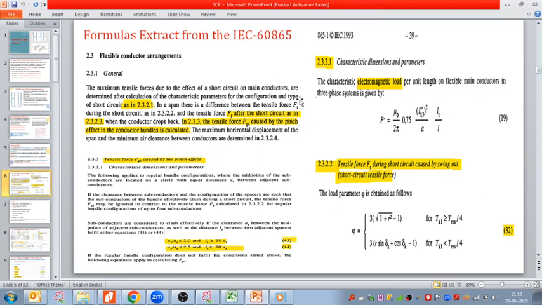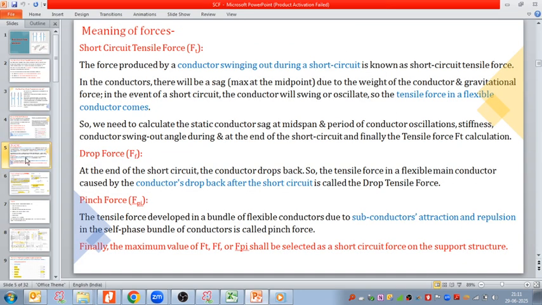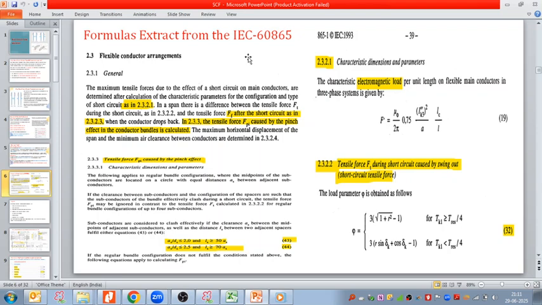What I'm trying to do is take the extract from 60865 and explain it, but we will perform the calculation as well. The first step in the calculation is the electromagnetic force calculation, equation 19.